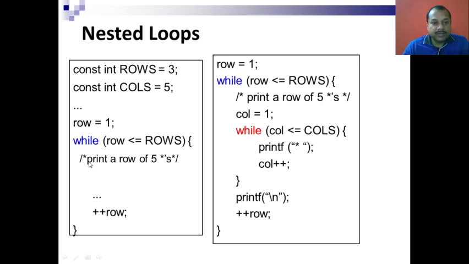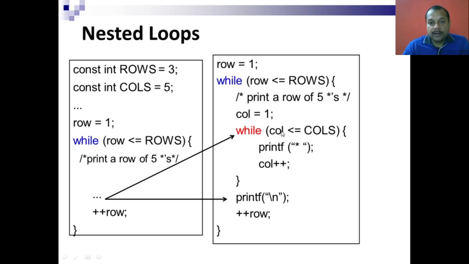Okay, then print a row of 5 stars, and then keep incrementing the row. Inside that there is another program, which is written on your right hand side, and that maps here. Inside this I will initialize column with col equals 1, similar to row equals 1.